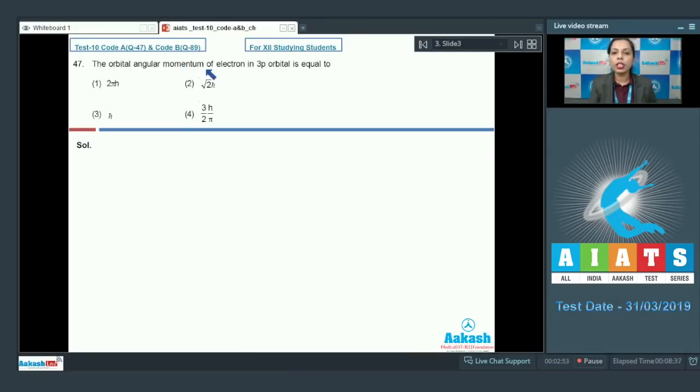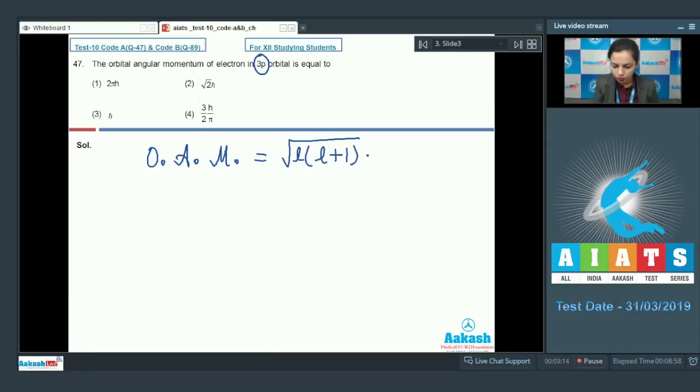After this, question number 47. The orbital angular momentum of electron in 3p orbital is. We have this 3p orbital and orbital angular momentum can be calculated with the help of azimuthal quantum number L. What's the formula? That is root L plus 1 h cross, and this can be represented as L value.